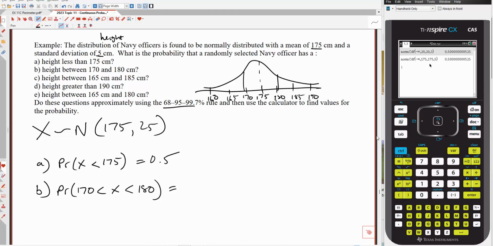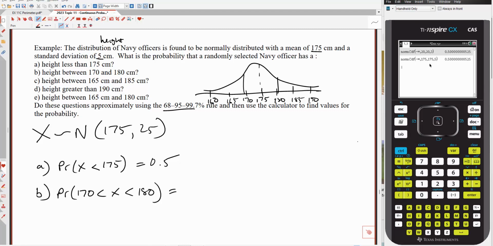What I'm going to do is pump that into the calculator. So I'm going to do a norm CDF. Now I'm just going to edit the old one. The first one is the lower bound, so that's going to be 170, and the upper bound is 180 in this case, and we've got 0.682 dot dot dot.